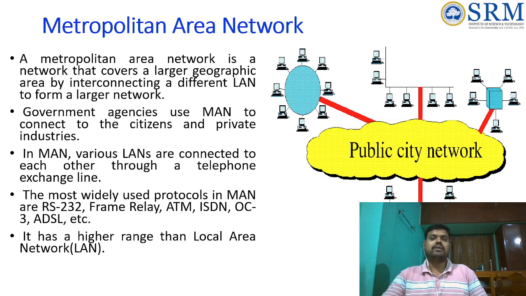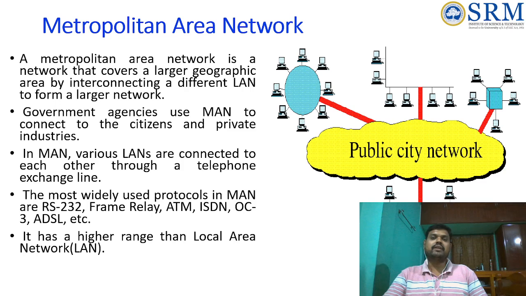The geographical area for a MAN is basically a few kilometers. The maximum range is 30 kilometers. Government agencies and banking sites make use of MAN to connect their branch portals together to maintain their operations.